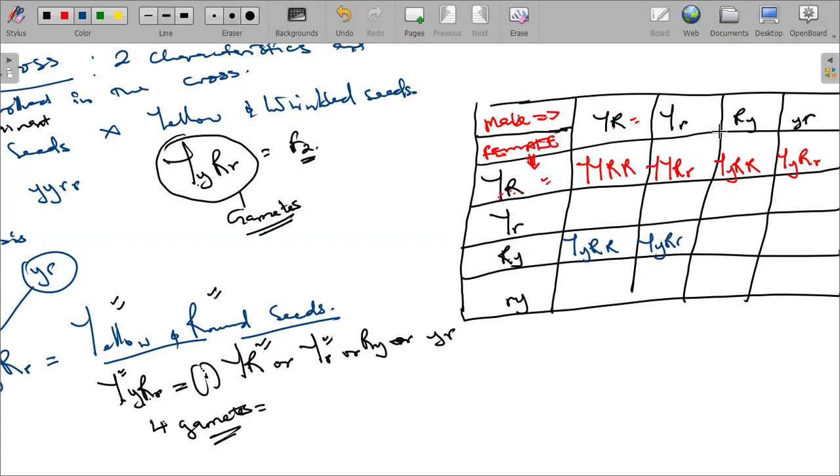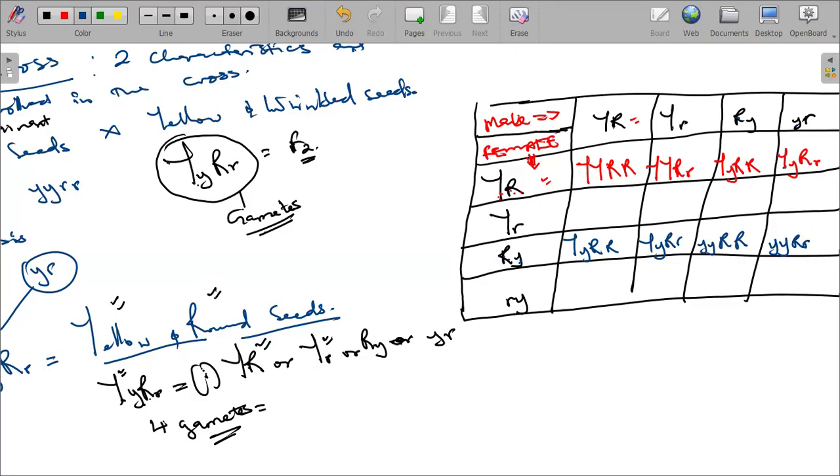Then small y and small y, with dominant R and dominant R. Then small y and small y there, with dominant R and small r. So we do it like that until the full unit is completed.